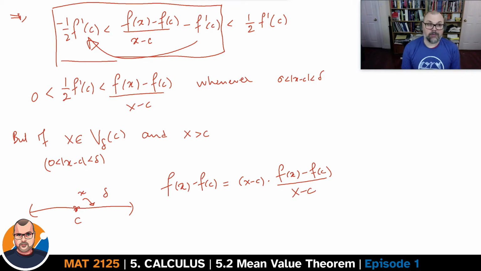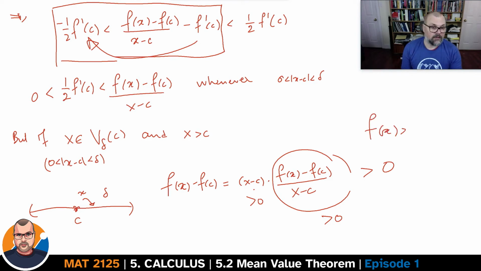But I'm just multiplying by 1 in a very special way. For every one of these x's in there, this quantity is positive and this quantity is positive. So f at x minus f at c is positive, which means that f at x is greater than f at c. But that's impossible.